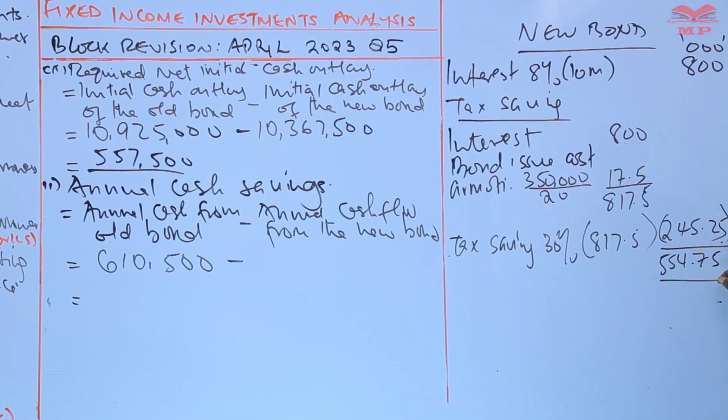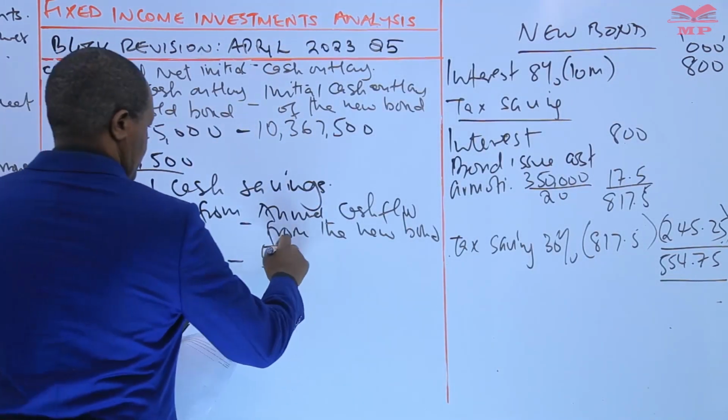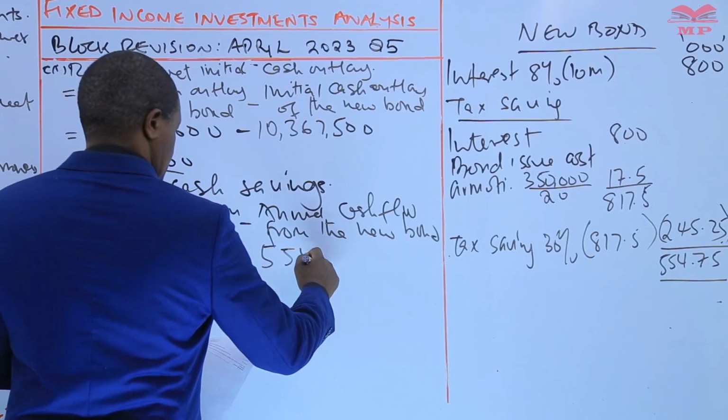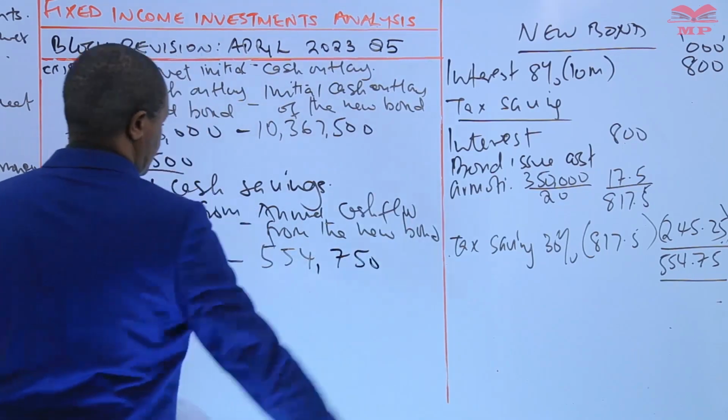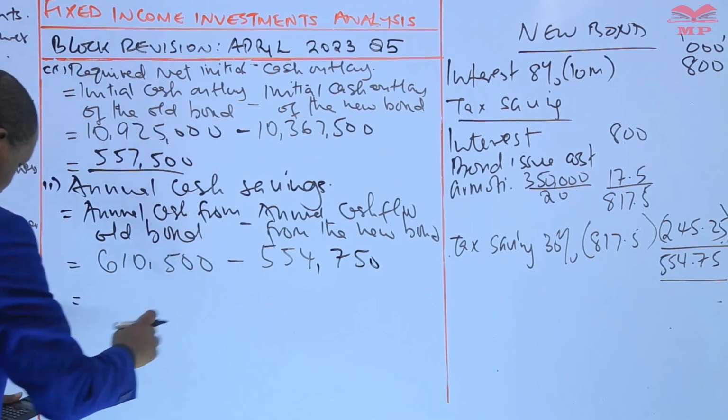That is the annual cash flow from the new bond. So the annual cash savings will be the difference.